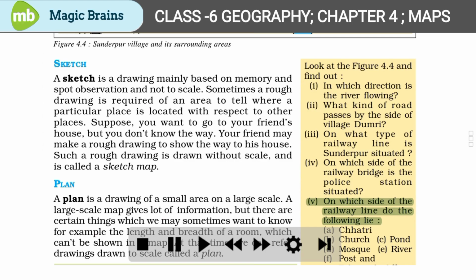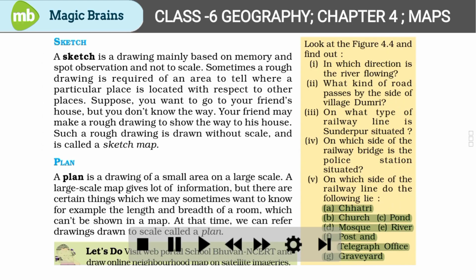On which side of the railway line do the following lie? A. Chhatri, B. Church, C. Pond, D. Mosque, E. River, F. Post and telegraph office, G. Graveyard.